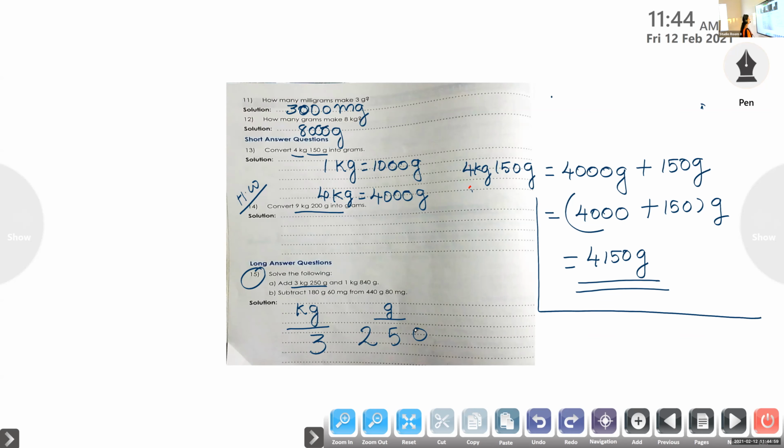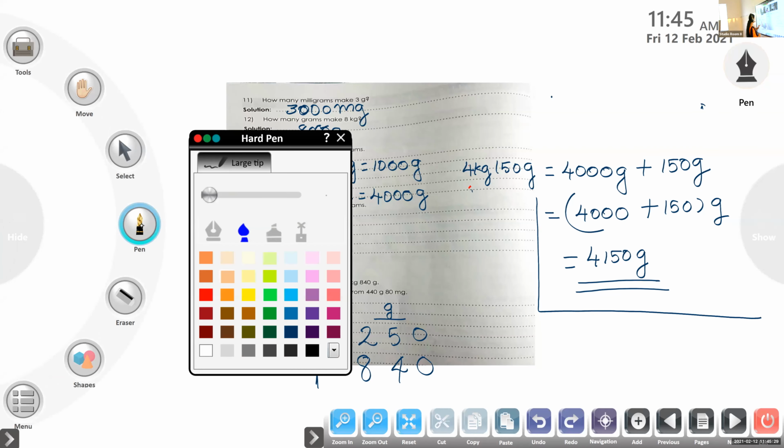The next measurement is 1 kilogram 840 grams. Under kilogram write 1, under grams write 840. Please see the place values and write according to them.